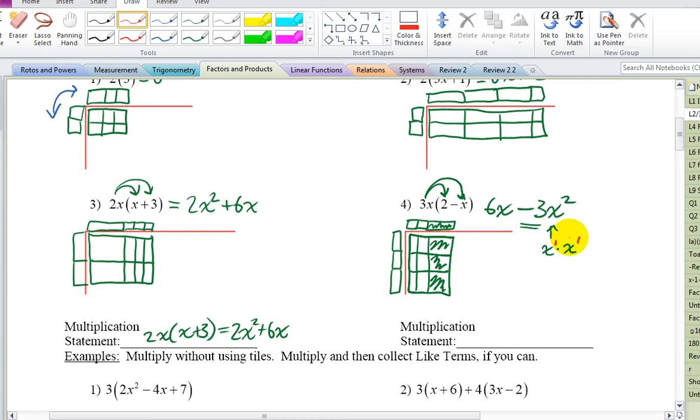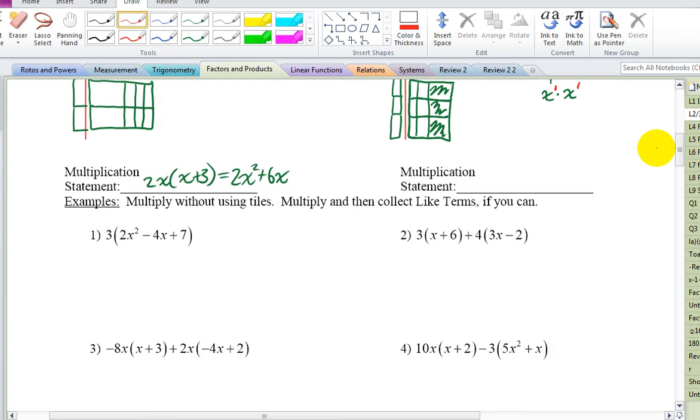Okay, so without tiles, you want to multiply first, then collect like terms if you can. You're not going to do that for the first one. The first one is just multiply. So I always like to use my arrows. So I multiply 3 times 2x squared. What do I get? 6x squared.